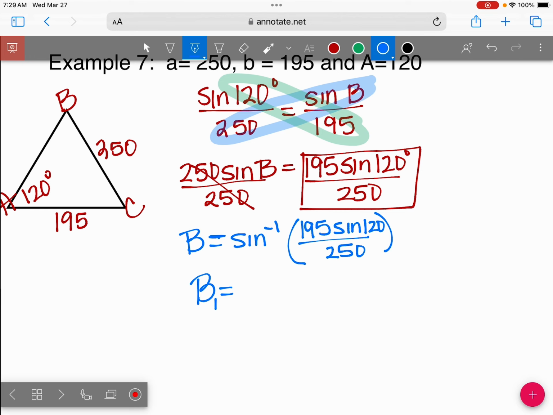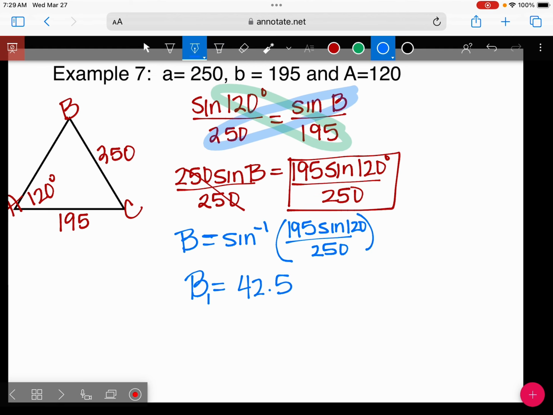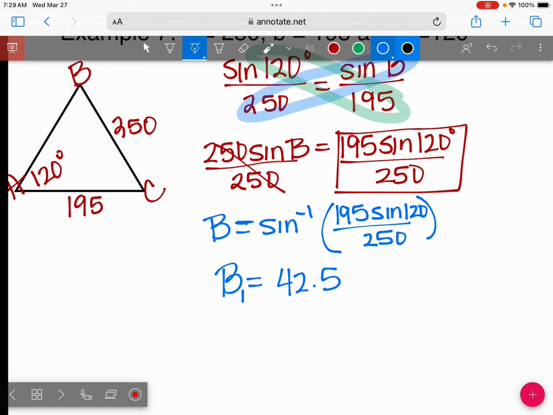So for angle B, and I'm going to call this B1, I got 42.5. Anyone else get 42.5? We got 42.5. Okay, good. So let's finish solving out triangle 1. So triangle 1 has an A value of 120. The B value would be 42.5.